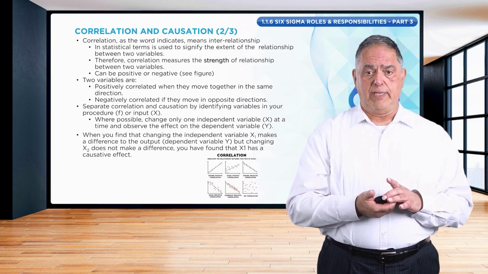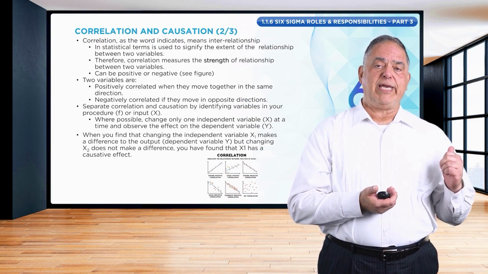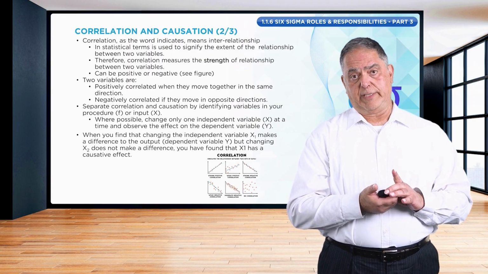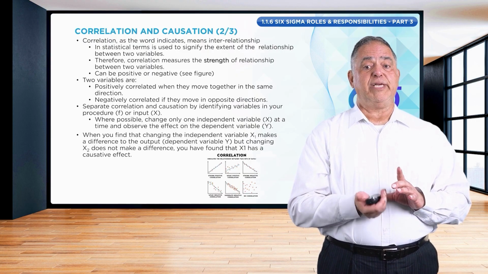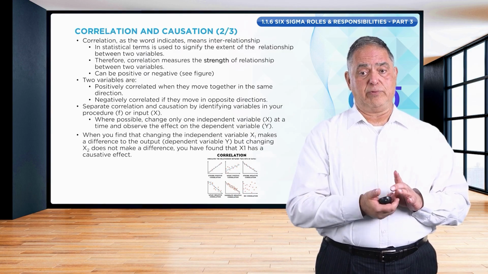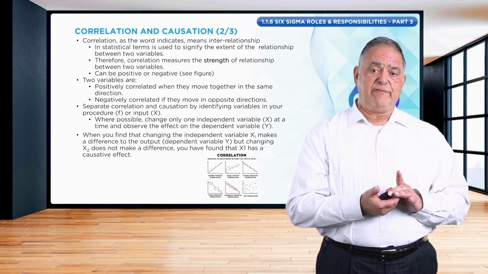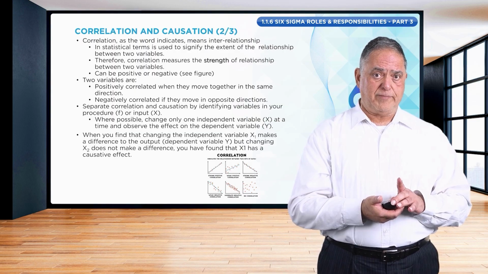pressure. So, when we find that changing the independent variable, the x, makes a difference in the output, the dependent variable, but changing another input does not make a difference, then you may have found what we call a causative effect.